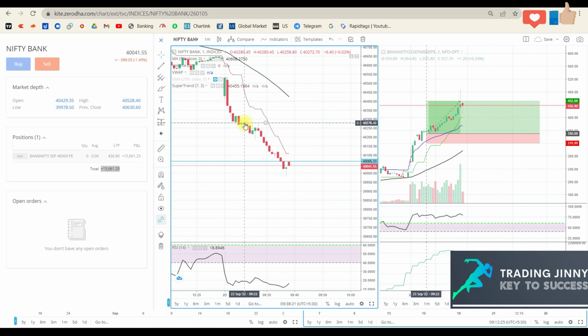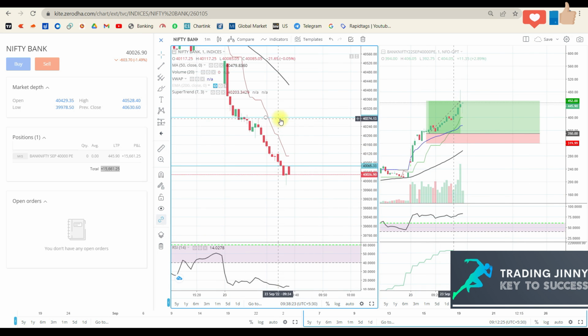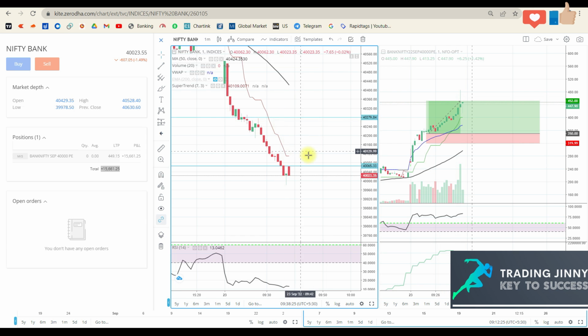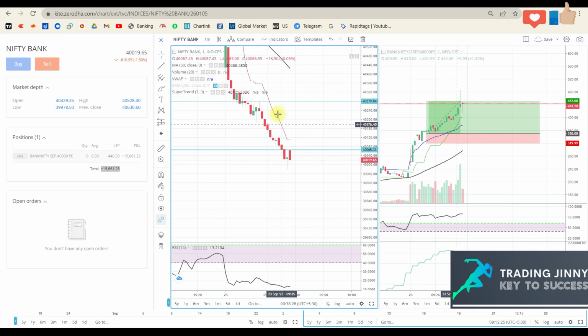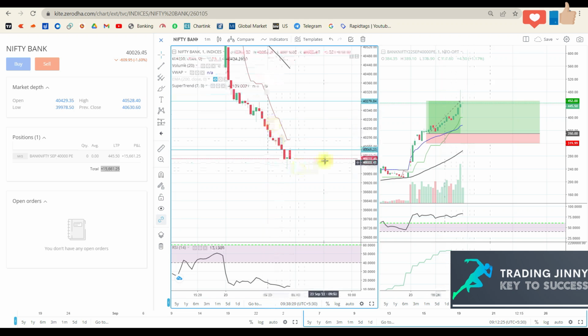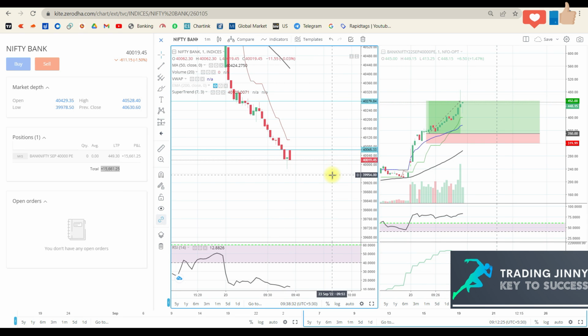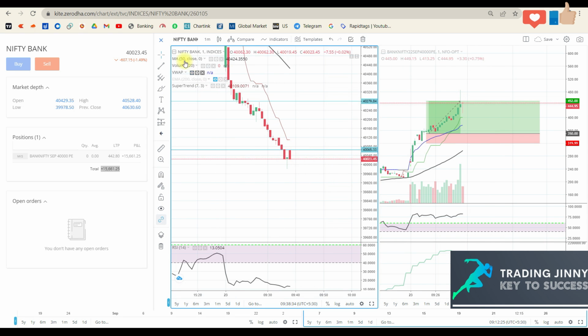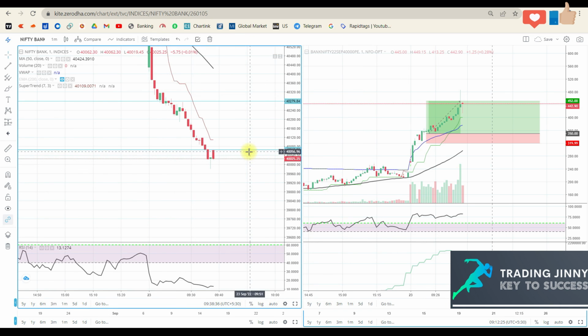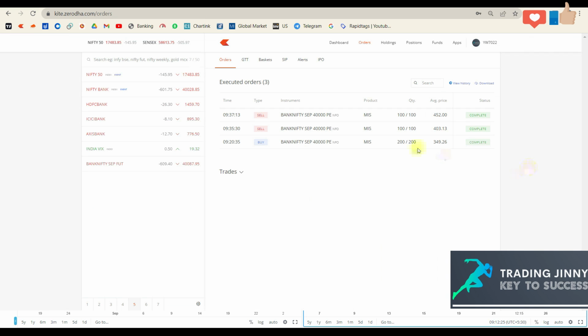This was our entry, wherein Bank Nifty broke down its important support, and here we took our trade. 40,065 to 40,000, I believe, is a good support range where I took my profits out. So yeah.